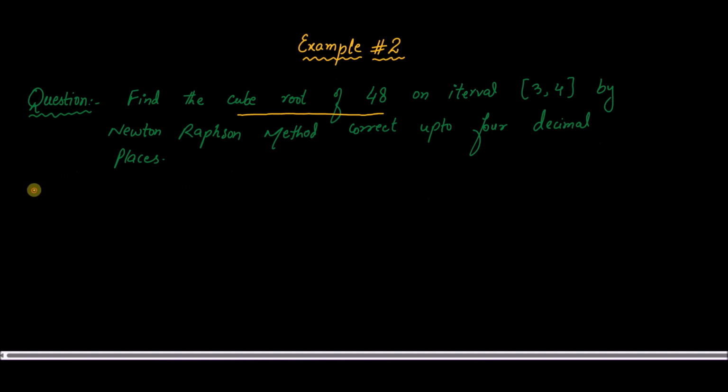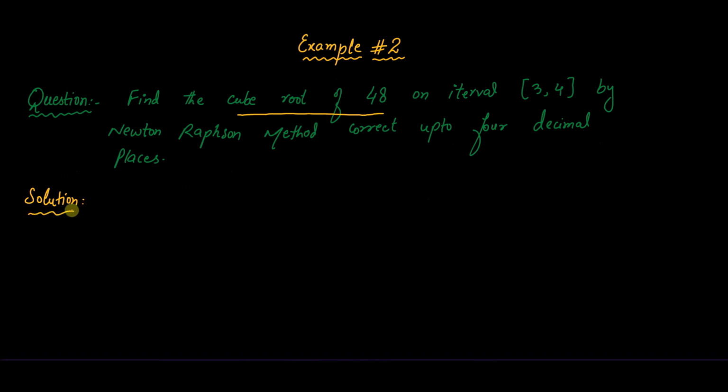So initially, we are going to let some variable p equal the cube root of 48. We just write it like this: this is a cube root and this is 48.